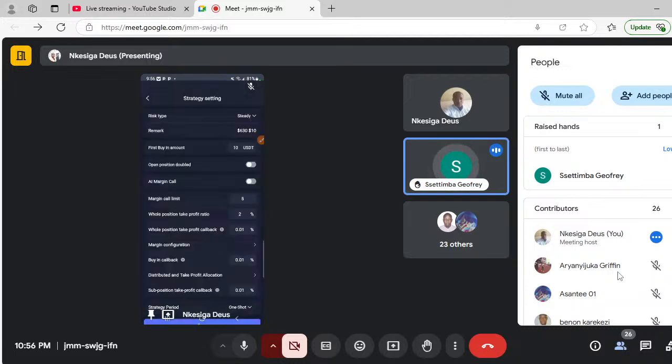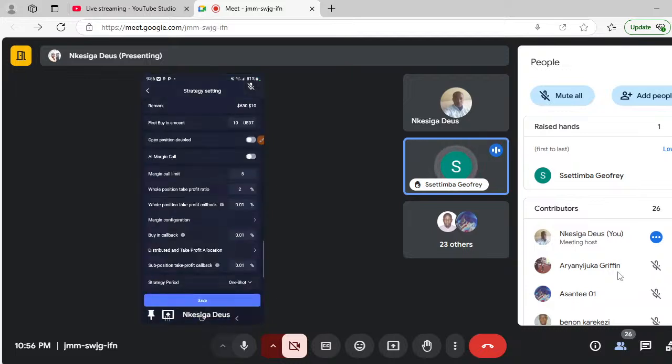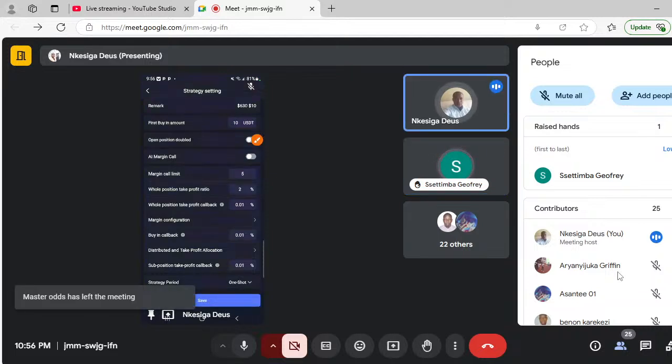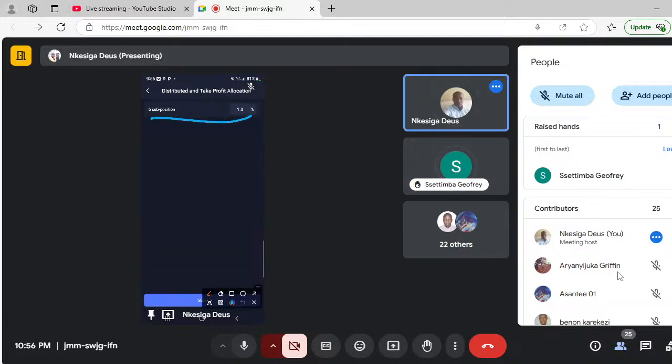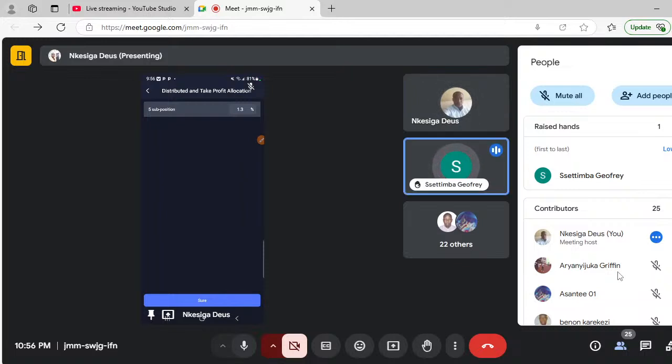Can we change it and put it as the same as the whole profit? Yes, you can change it there. You can make it 1.5, you can make it 2%, anything you want. So it is all the same. Yes, it is all the same.